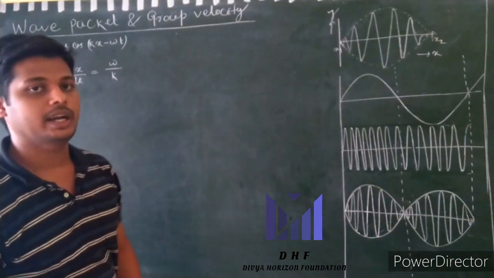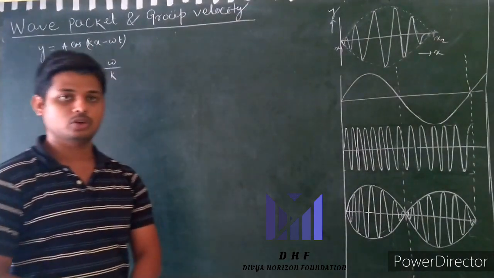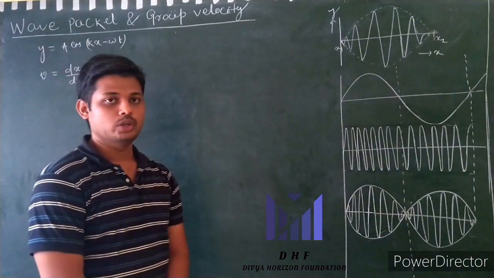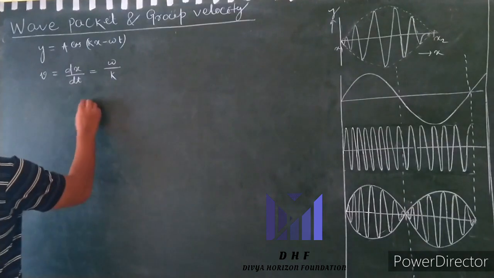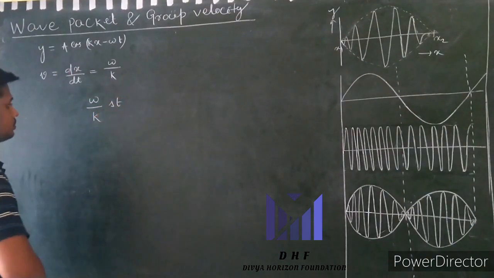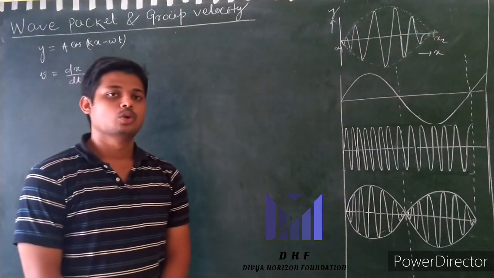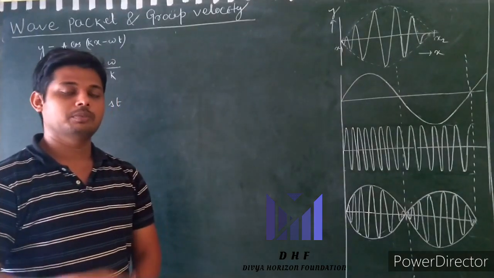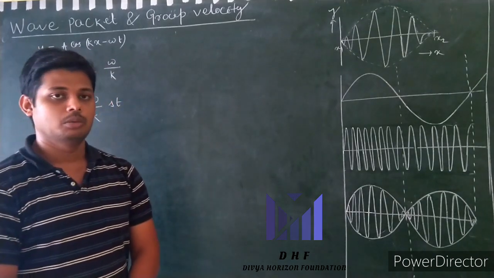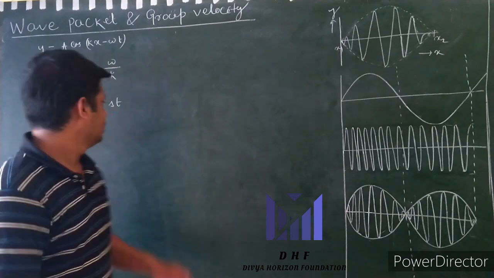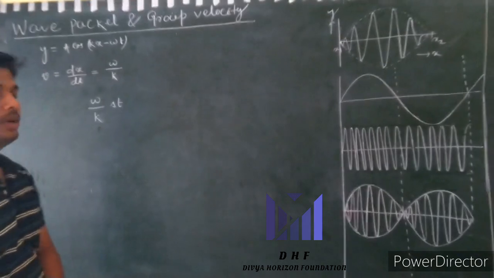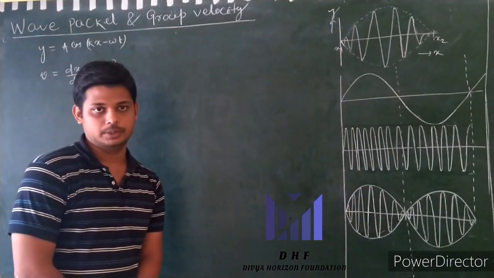So in a time del t, every monochromatic wave which constitutes this wave packet will move through a distance omega by k into del t. And as omega is different for different monochromatic waves and k is also different for different constituent waves, the distance shifted by each monochromatic wave is also different.